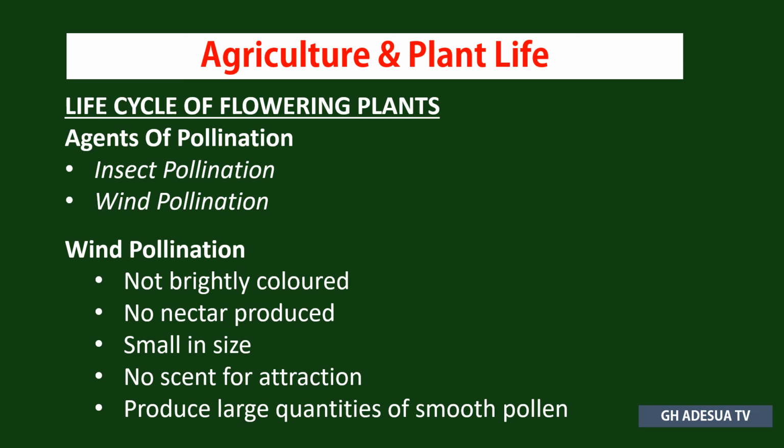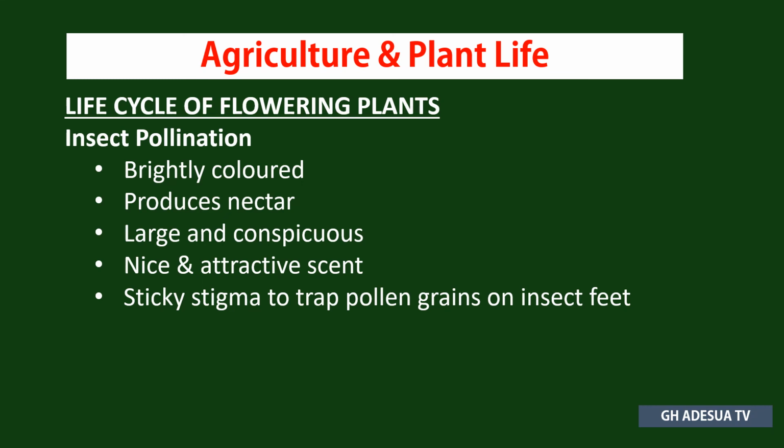They have no scent for attraction. Then they produce large quantities of smooth pollen grains because they will need more to cause pollination. Because the wind will take it through the atmosphere and they will settle on places that have no need for it.